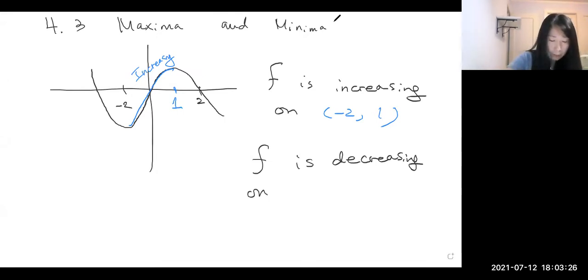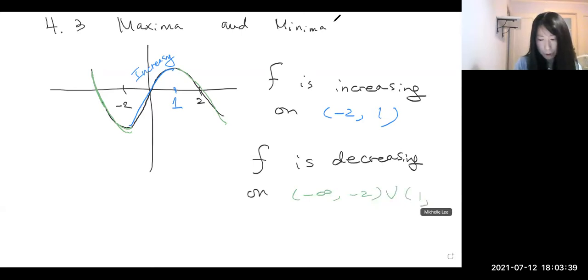So this part, right? This part is decreasing, and this part is decreasing, okay? So -infinity to -2, union of 1 to infinity, right? Okay, let me erase this one.